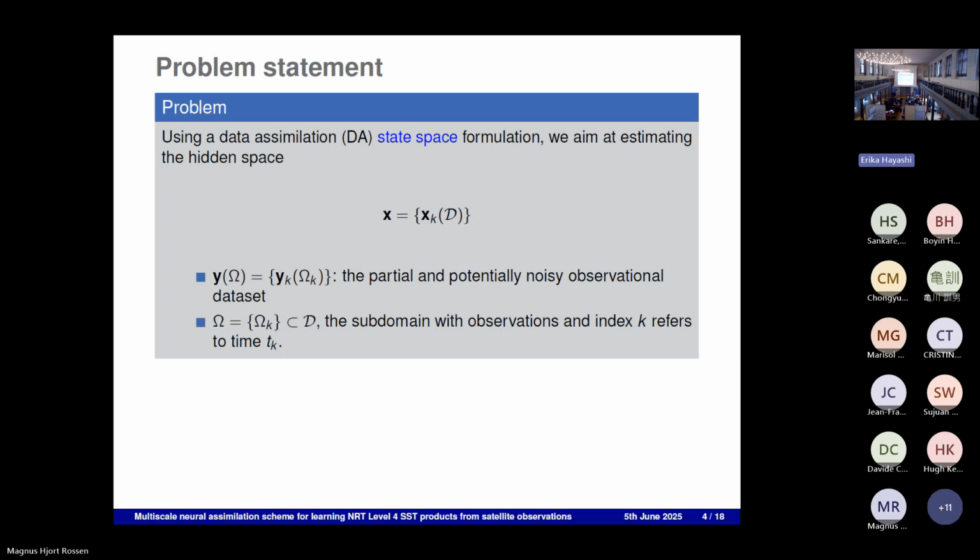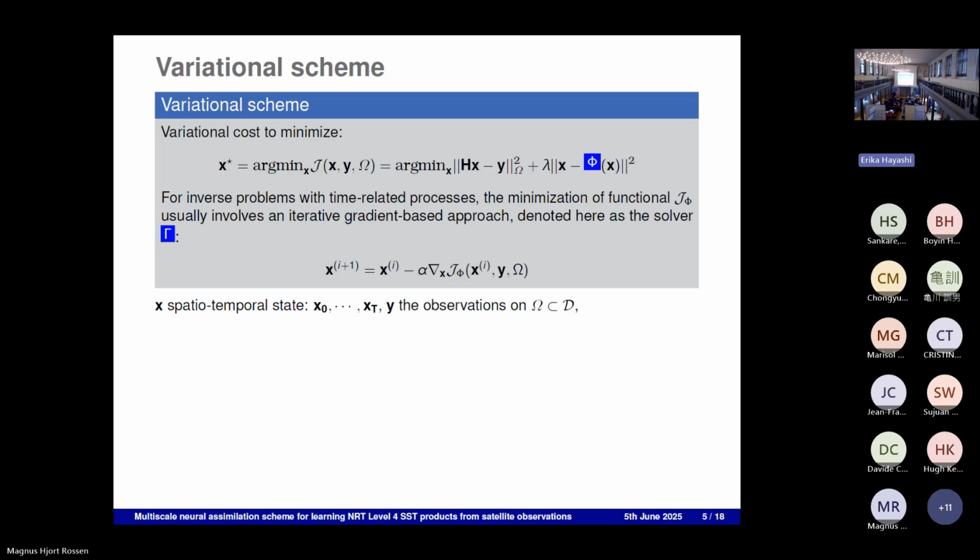And we typically want to reconstruct this SST field based on gappy and potentially noisy observations that I denote here as Y. And whatever the communities you're part of, when you want to build these L4 products, most of the time, in the background, you will rely on some compromise between the observations and the prior knowledge that is denoted as phi here, and you want to minimize a cost function to do that, which involves some mathematical operations related typically to some sort of gradient step iteration when you start from the initial condition, then you want to find the optimal state of your system, again, as a compromise between the observations and your physical knowledge.